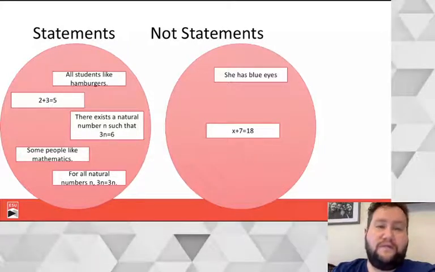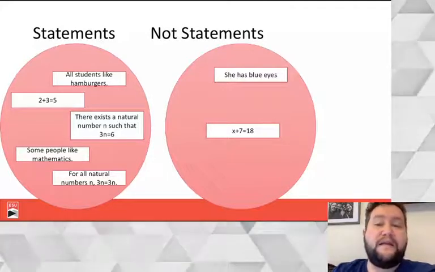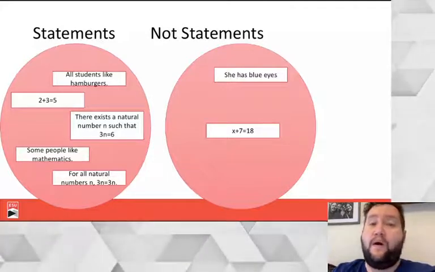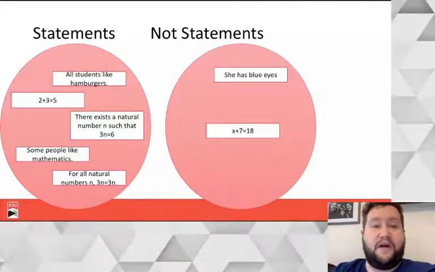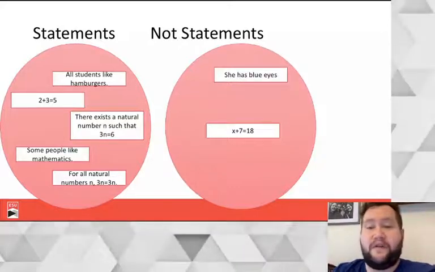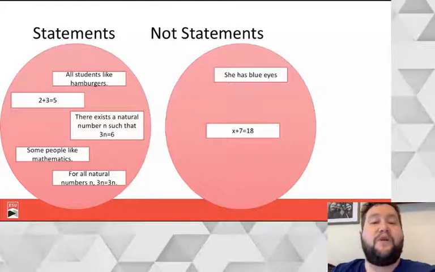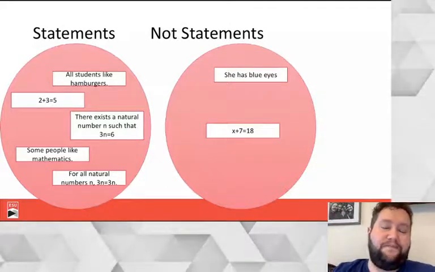So all students like hamburgers. Well, certainly that's not true, but we can decide if that's true because we know who all students are, whether they're in elementary, middle, high, or college, and whether they're here or in other countries. We understand what all students are, and we can decide if they like hamburgers or not.